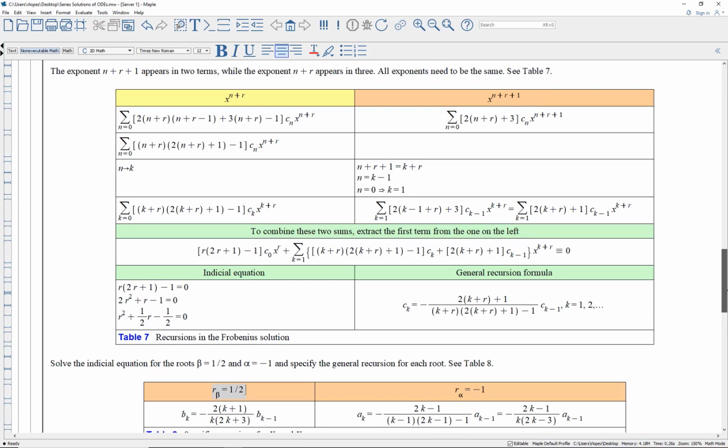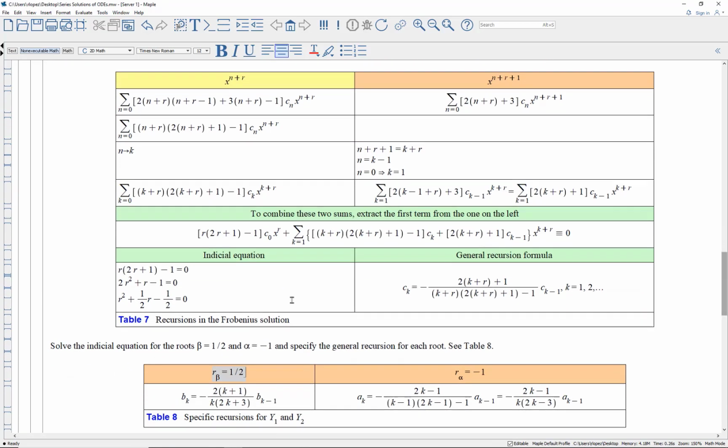Well, we have already determined the values of alpha and beta. So when r is the beta value, which is 1/2, this recursion becomes this.